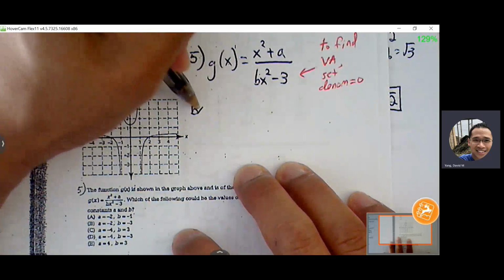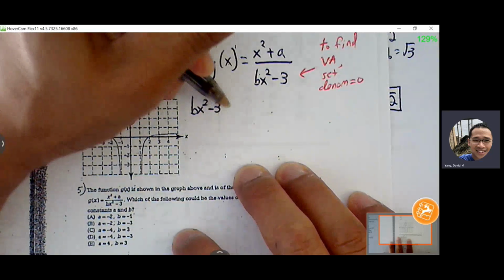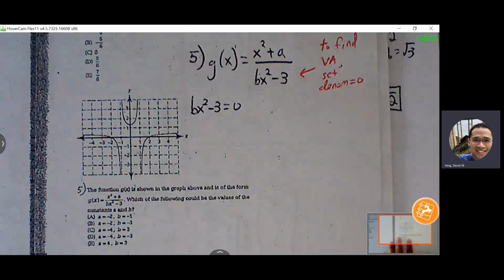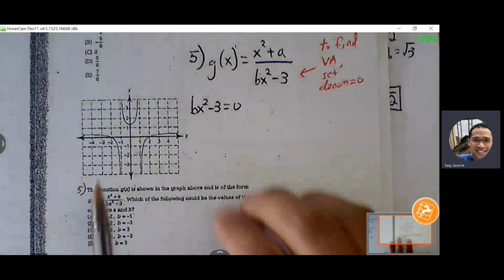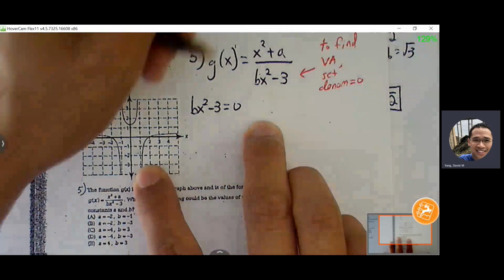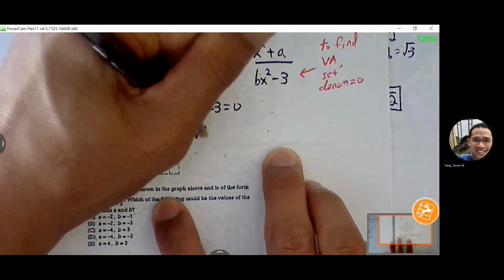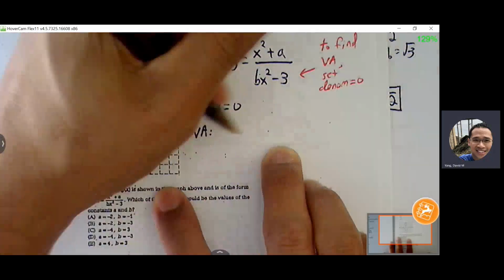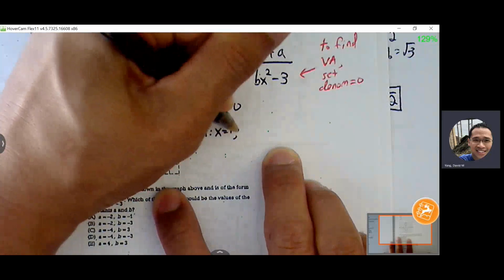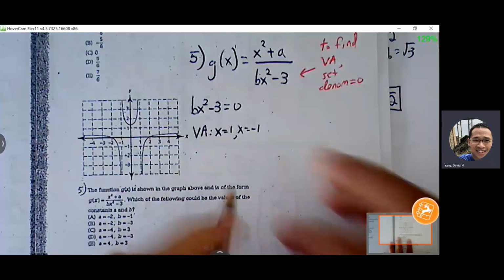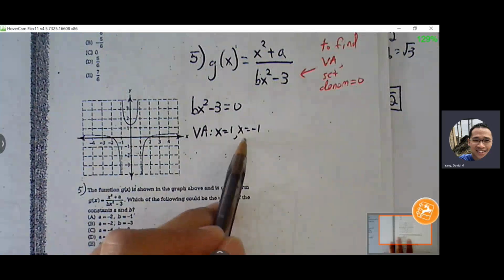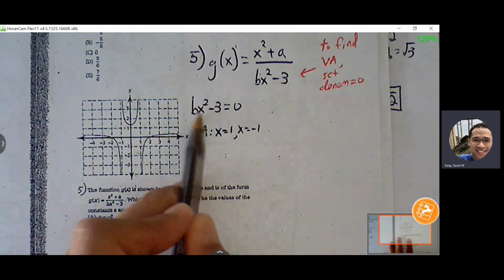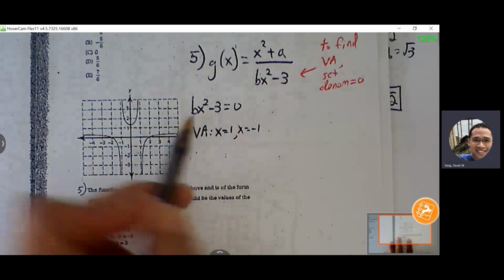We know that if I set bx squared minus 3 equal to 0, I can look for the vertical asymptotes. Well, we already know where the vertical asymptotes are, right? Where are the vertical asymptotes? Yeah, 1 and -1. So x equals 1 and x equals -1. So I should be able to enter 1 in for x, because I already know what that value is, and I can use that to help me solve for b.